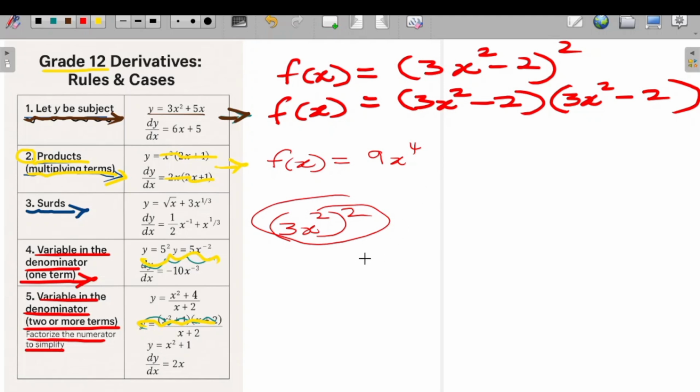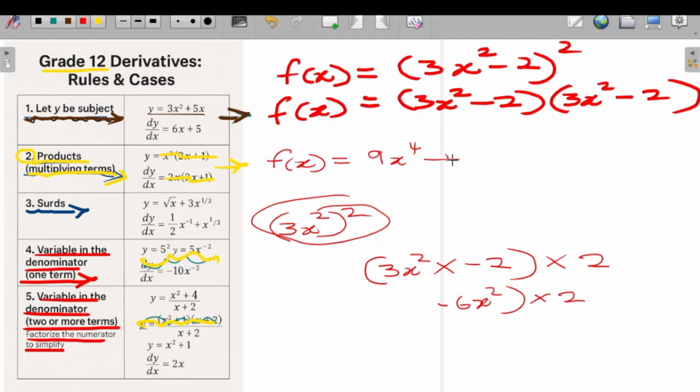Now the second part will be multiplying 3x squared times the minus 2, and then you need to multiply that by 2. So you're multiplying what is inside the brackets, and then you multiply it by 2 as well. So you get minus 6x squared, but now you're multiplying it by 2, so it becomes minus 12x squared.